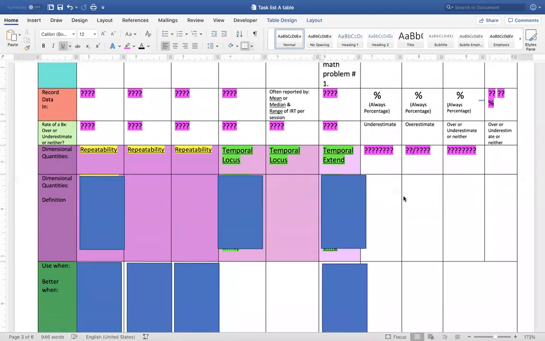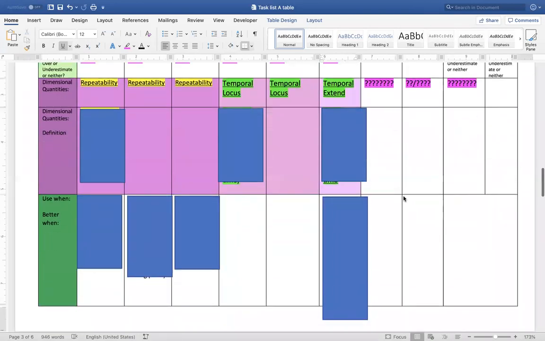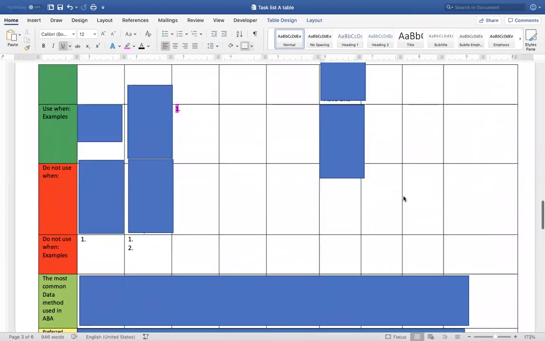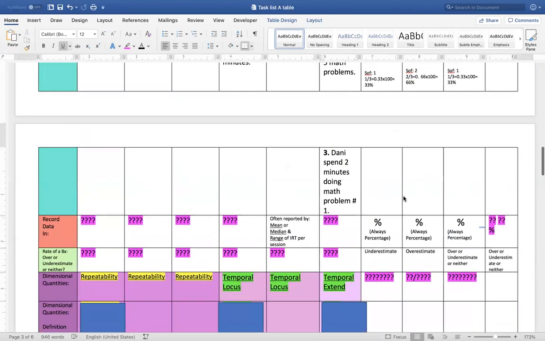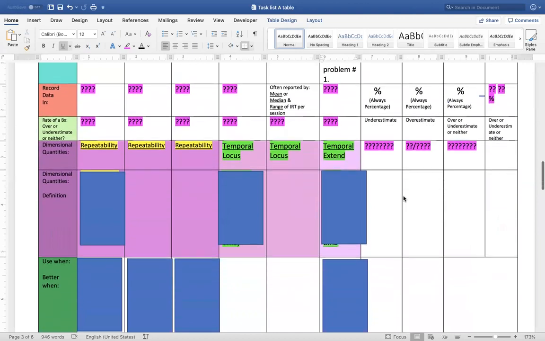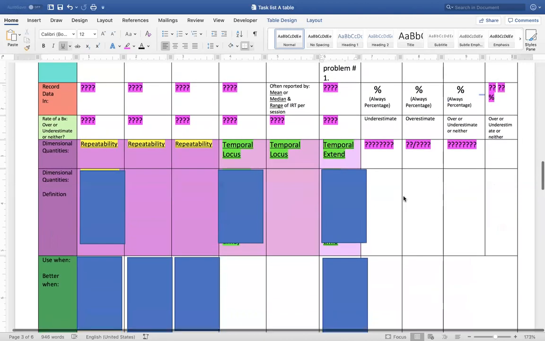I haven't finished it, but my plan is tonight to download it into Google Docs and share it so you guys can fill it in. Yeah, that'd be great. I wanted to add more things like formulas, but it took me a long time to do this.